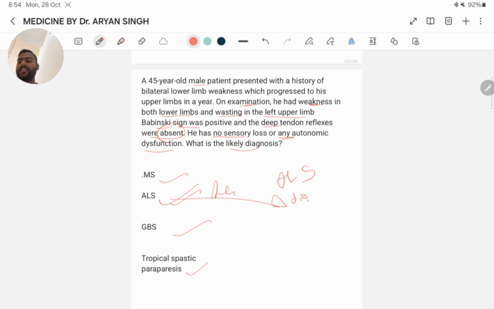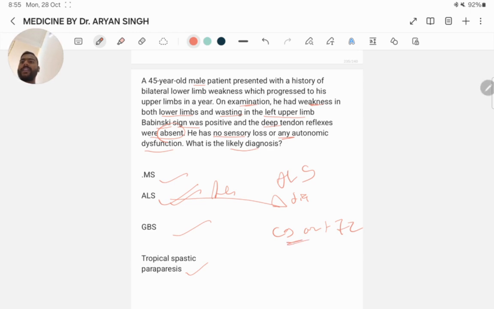It is a progressive motor neuron disease with a mutation in the gene encoding the protein C9orf72. Here C9orf72 means chromosome 9 open reading frame 72.